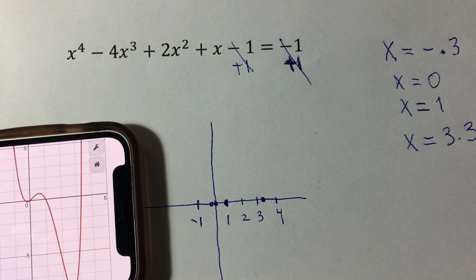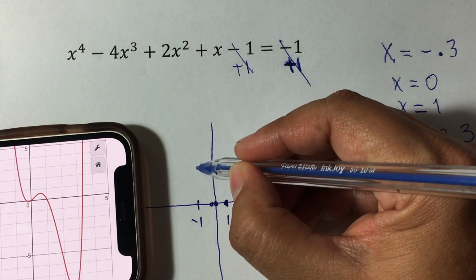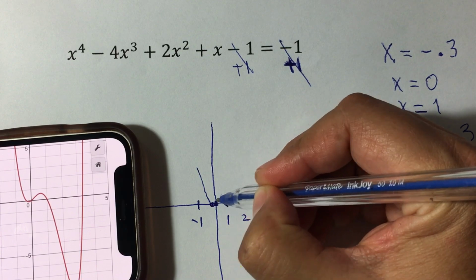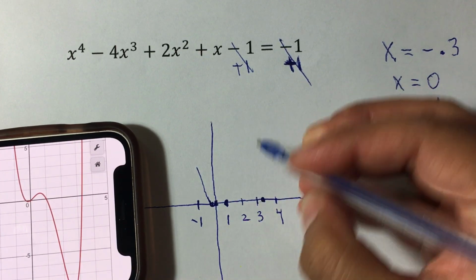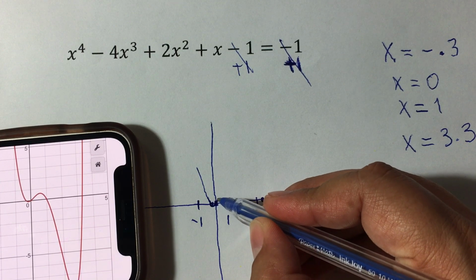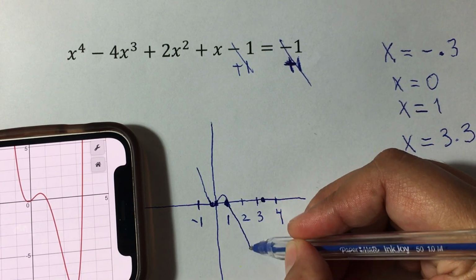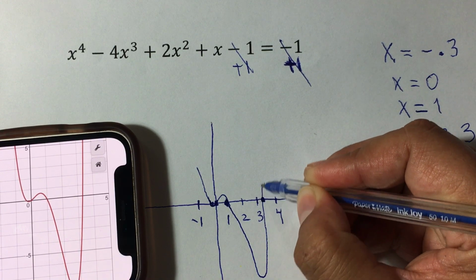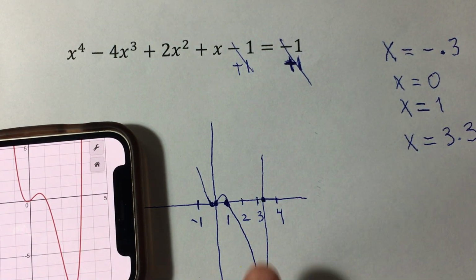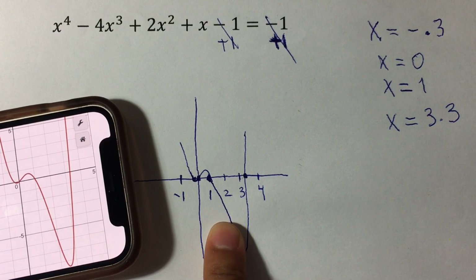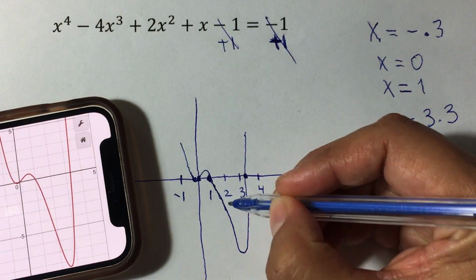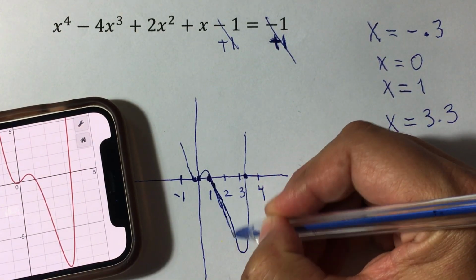Now I look at the graph here and I notice that it goes something like this, very close in here. Then it goes up and then down again, and then it goes down and up. And so that's what you're going to be doing for your homework. Okay, it's not perfect, but that's why it's called a sketch.